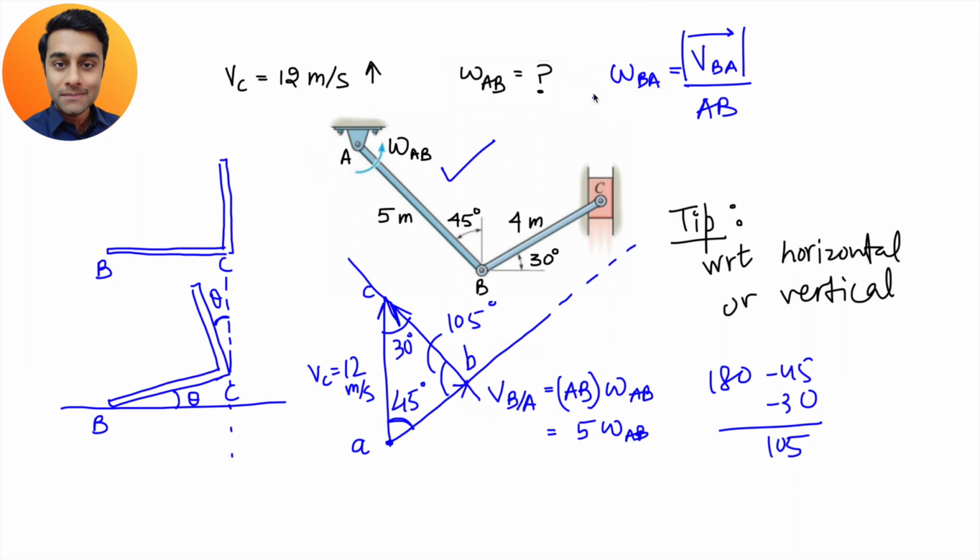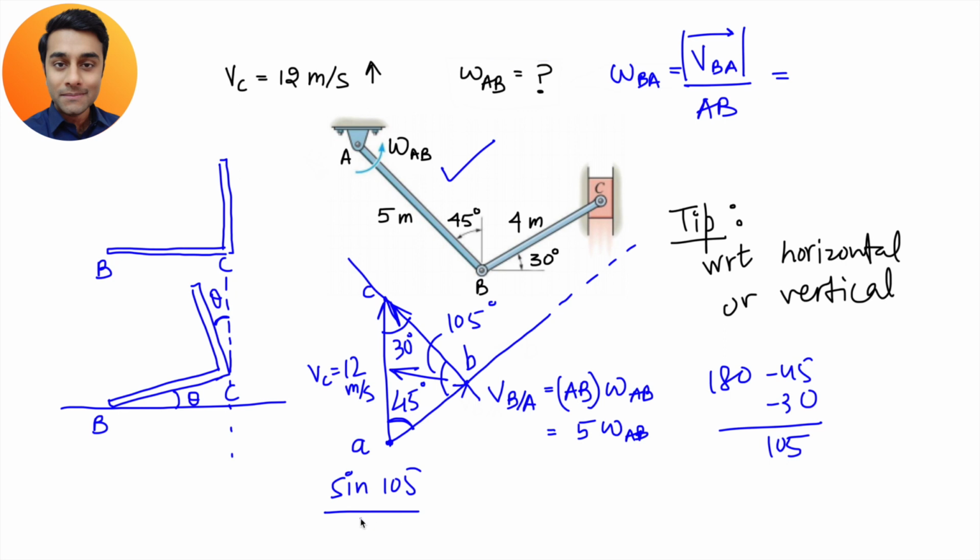Okay. So what we can understand right now is that AB is known to us, which is 5. The velocity of B with respect to A can be calculated from this particular velocity polygon, and you can divide it to find out the angular velocity of BA. Now, since we have done this much hard work, let's complete the question. If we apply the sine rule in this triangle, then sine of 105 divided by the side opposite of it. What is the side opposite?